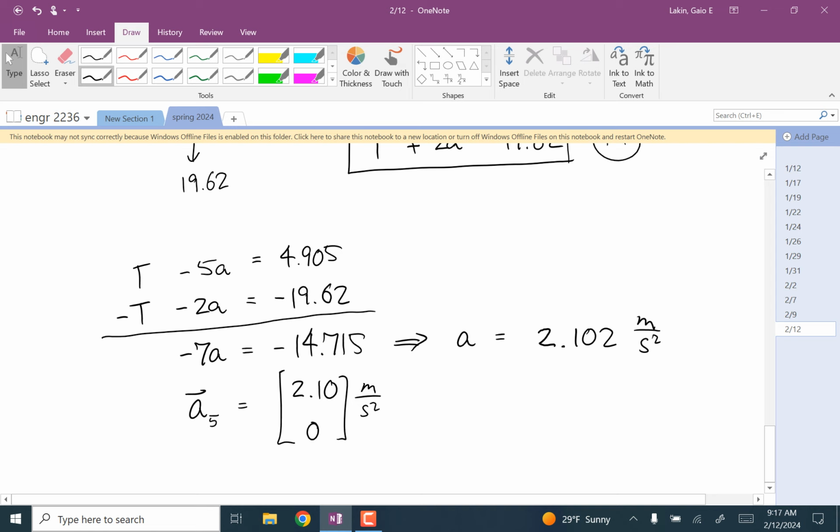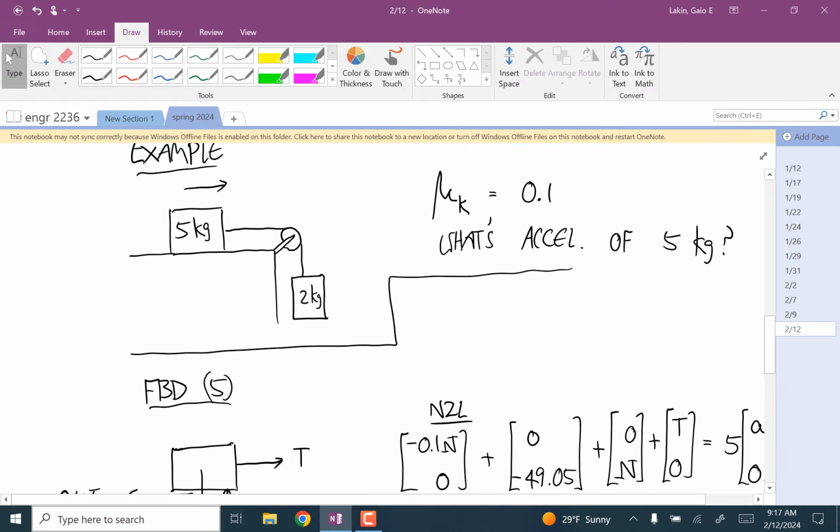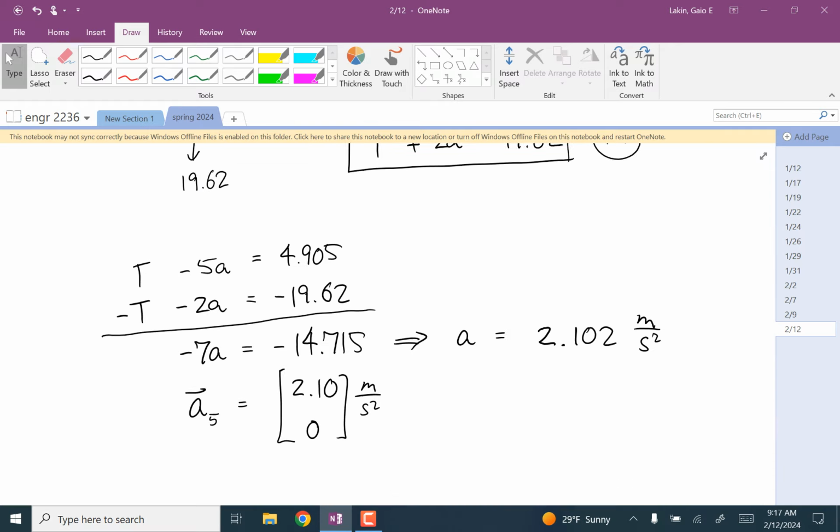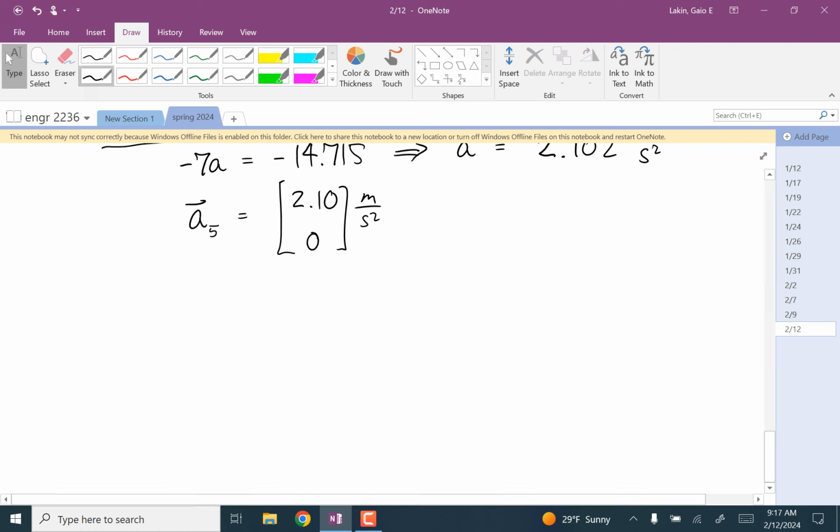So is this system speeding up or slowing down? Can you tell based on this? Speeding up, because if the velocity and acceleration are in the same direction, you know, this acceleration is this way. If they're in the same direction, it's speeding up.